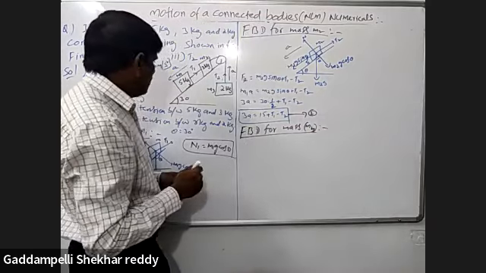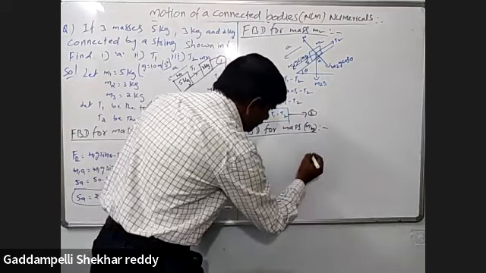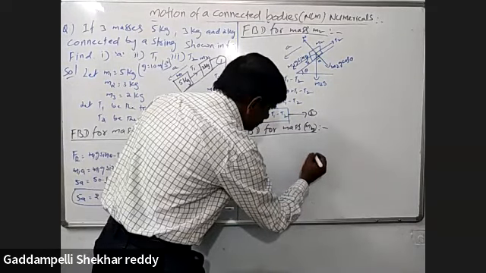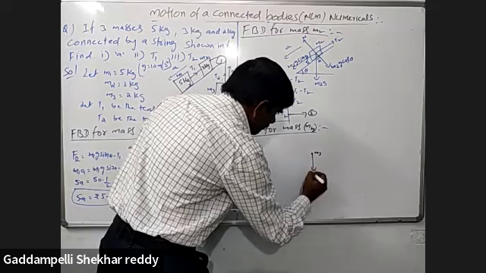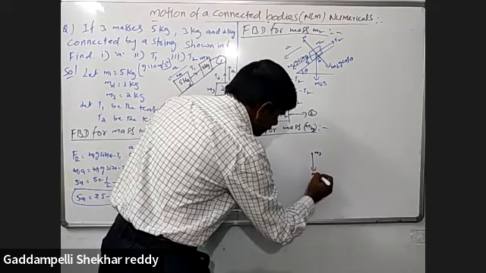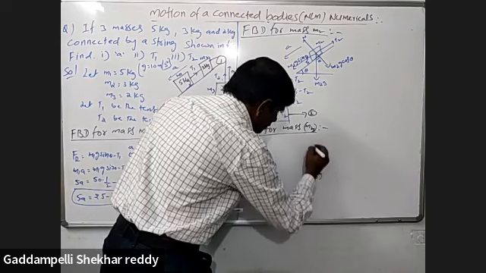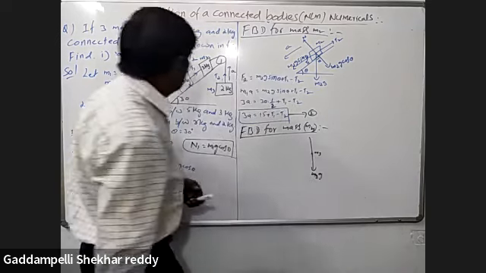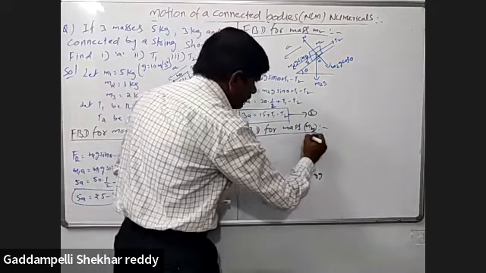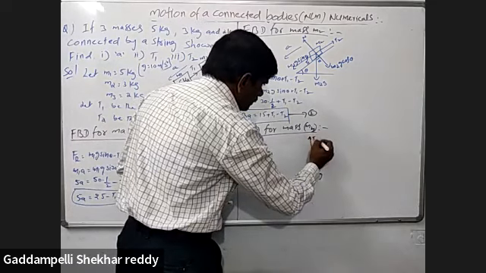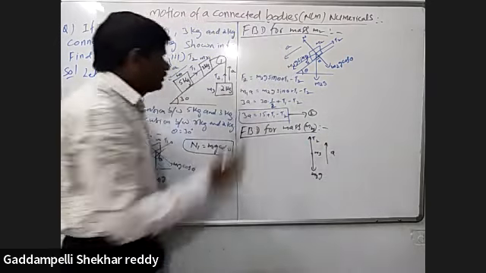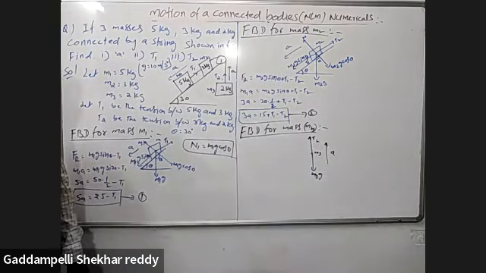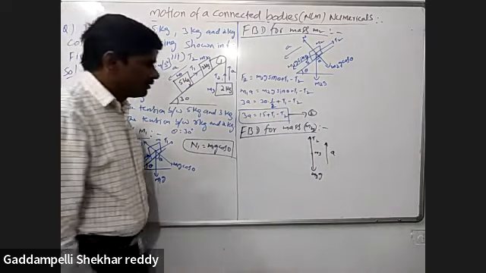So mass M3 isolated from the system, and draw the diagram showing all forces. Here M3 weight of the body acts in the downward direction, that is M3G. So tension T2 in the upward direction. The acceleration of the system is upward. That means mass M3 moves in the upward direction.